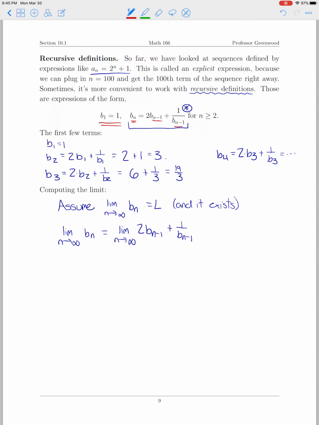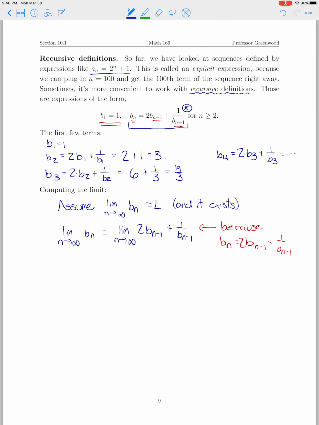The reason that we know this is because I'm just plugging in the recursive definition for b sub n. I haven't really changed anything. I'm just carrying the limit along for the ride so far.